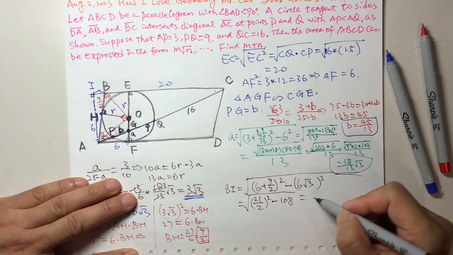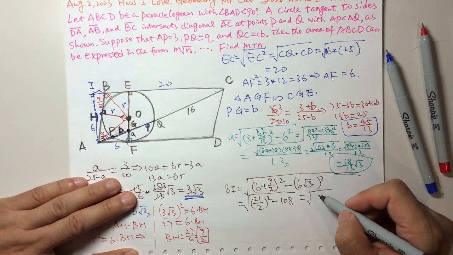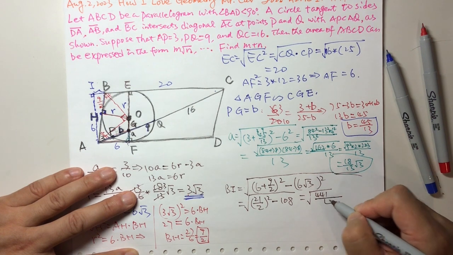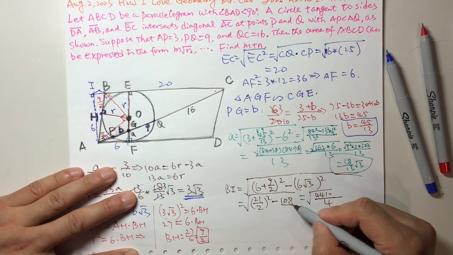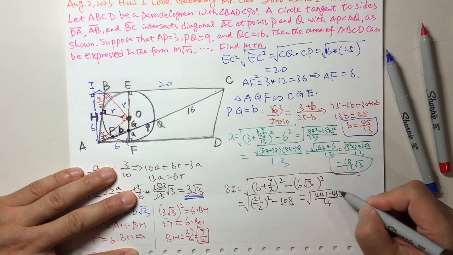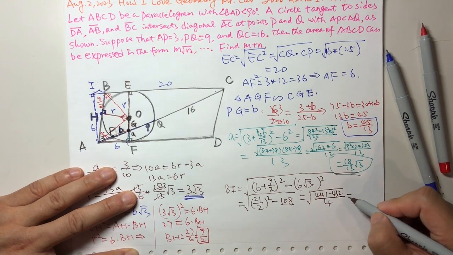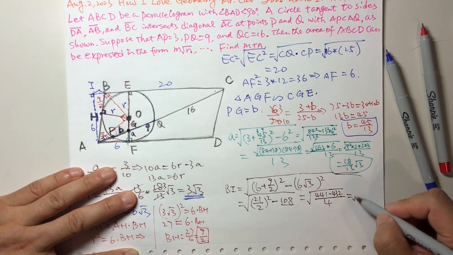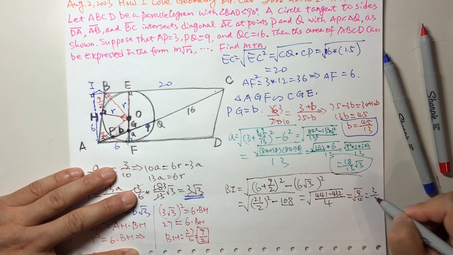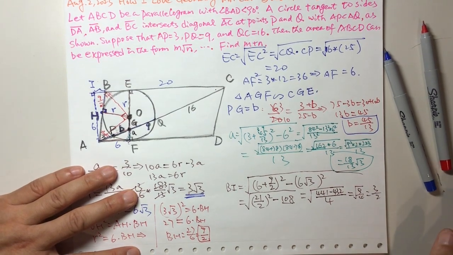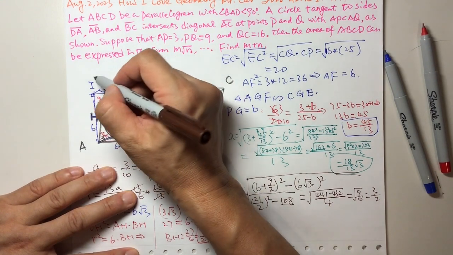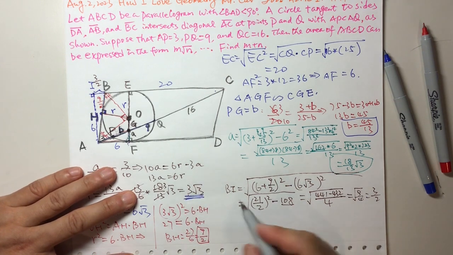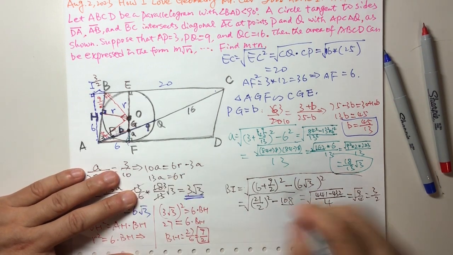So that's how much? 21 squared is 441, right? Over 4. So here minus 108 times 4, that's 432, correct? 441 minus 432 is 9, square root of 9 over 4, so it's 3 over 2, right? Yes, now we got this one, 3/2.